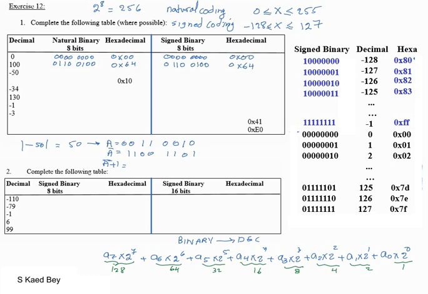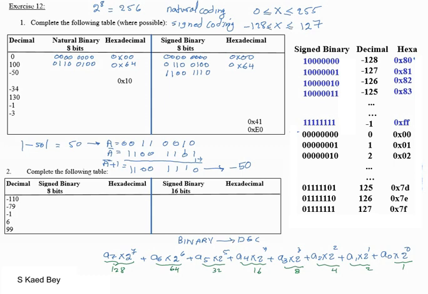It's simply we add 1, and we get 1, 1, 0, 0, 1, 1, 1, 0. So this actually is the representation of minus 50. That's one way to do it. So we can write the representation of a negative 50 as 1, 1, 0, 0, 1, 1, 1, 0.